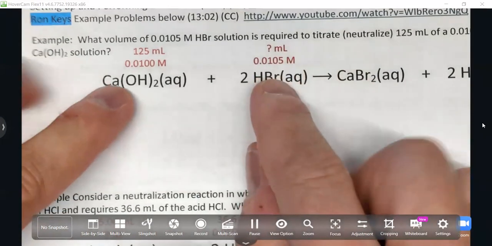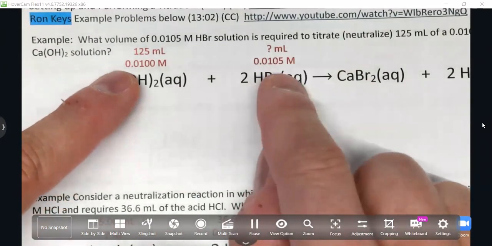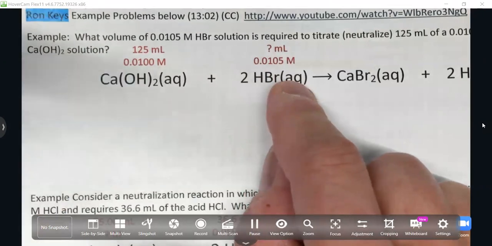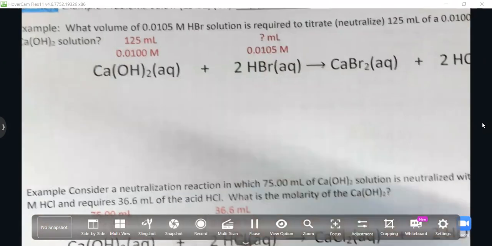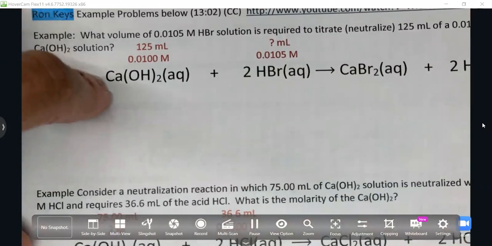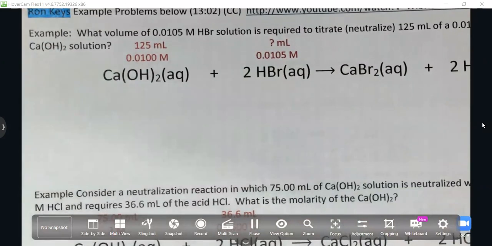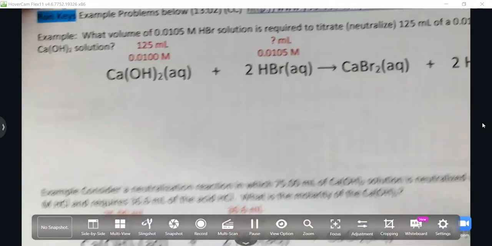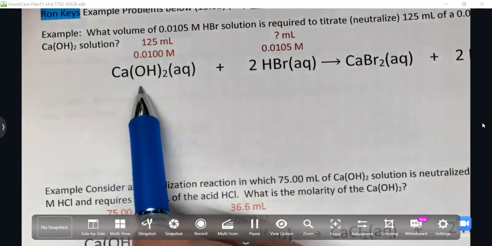Now, remember, I always said that if you're adding milliliters, you're adding moles, and if you're adding moles, you're adding grams. So when you're dumping in a certain number of milliliters of solutions, you're really adding grams together. And the nice thing about this stuff is you don't even need a periodic table. So in this case, what do we always got to do? We got to get moles.